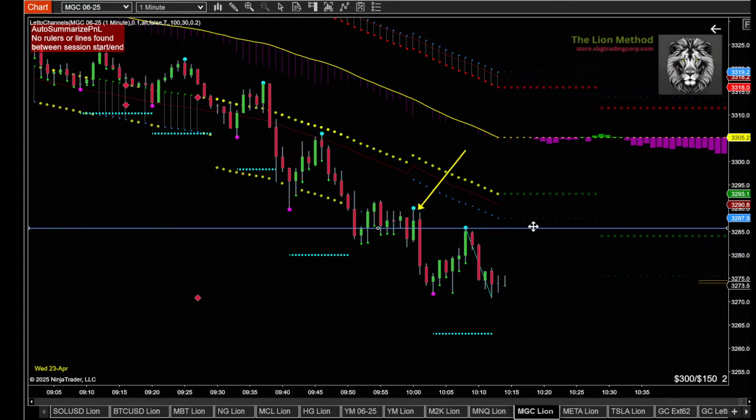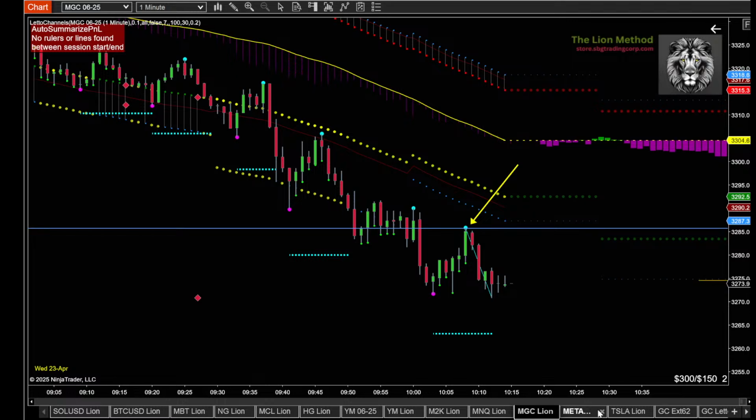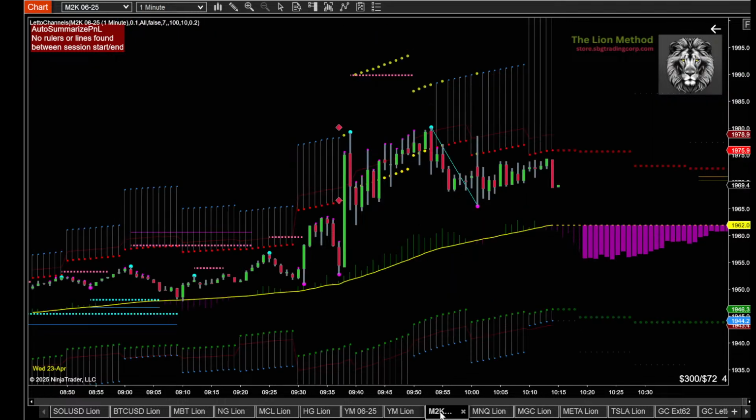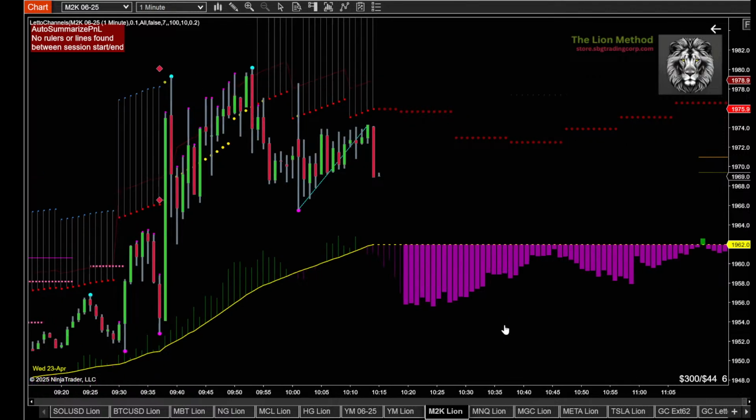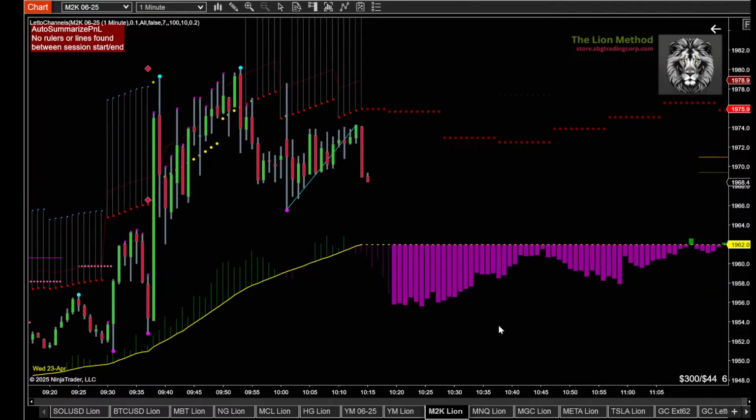Got another one firing off in gold. Going lower and lower and lower. That's fine. Let them get tired. We're getting close. Tendency is shifting downward in the Russell.